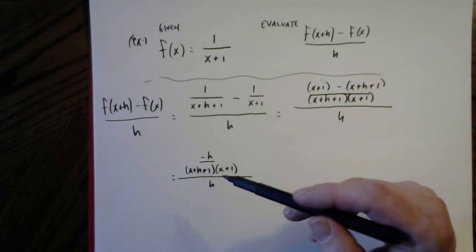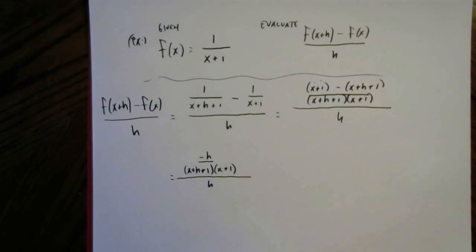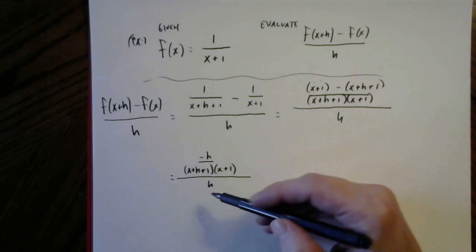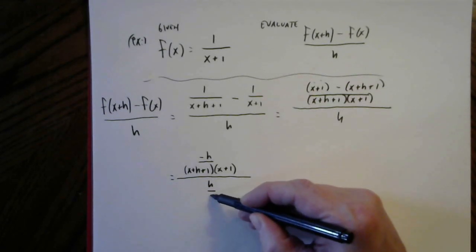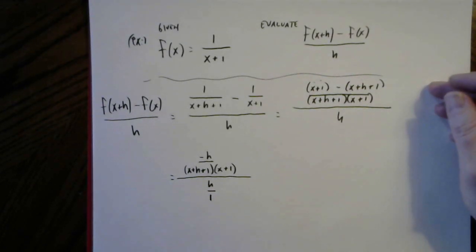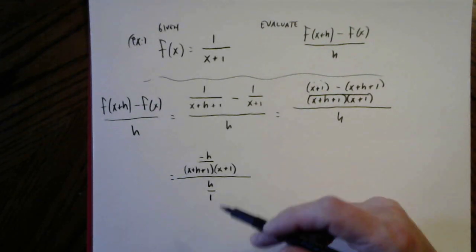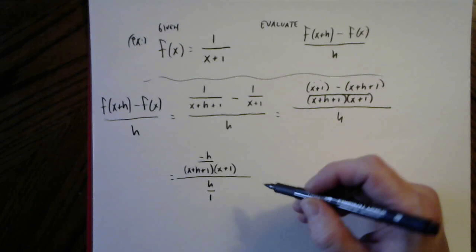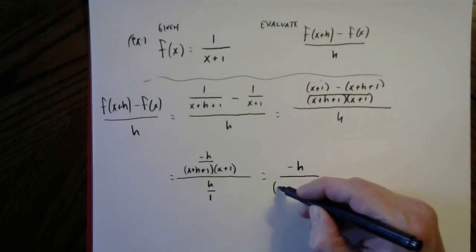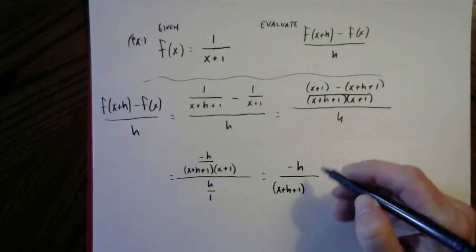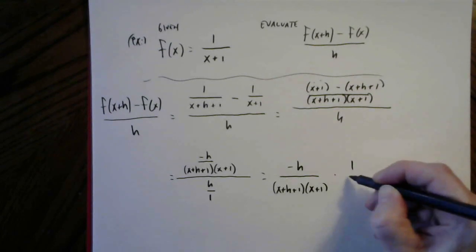This is no good. So if you've got stacked fractions, you flip the bottom, right? Multiply by the reciprocal. Well, you might say, this isn't a fraction, this is just an h. Well, anything can be thought of as a fraction if it's over 1. I don't have to write that, but you can always think of it that way. So if I flip the so-called bottom, then I can have a distinct numerator and denominator, 1 over h.